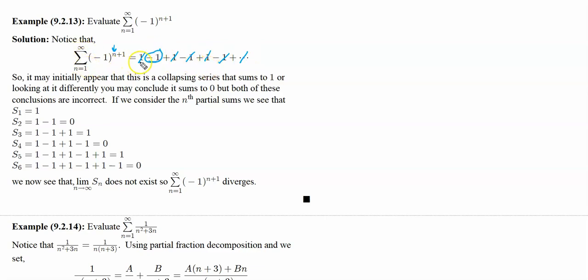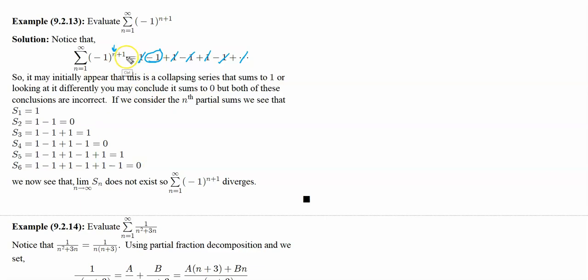So is this sum 1 or is it negative 1? Which one should it be? You see, depending on how we chose our cancellation, we could get either one. Well, obviously this summation is not going to exist. It's going to diverge. And that's because if you look at the nth partial sums, they do not converge.